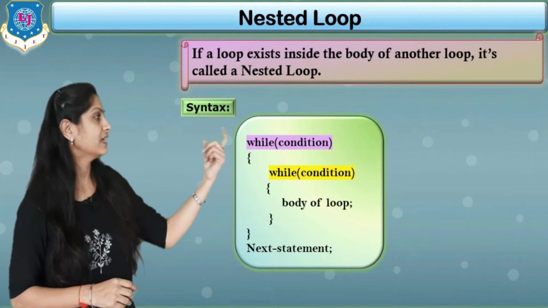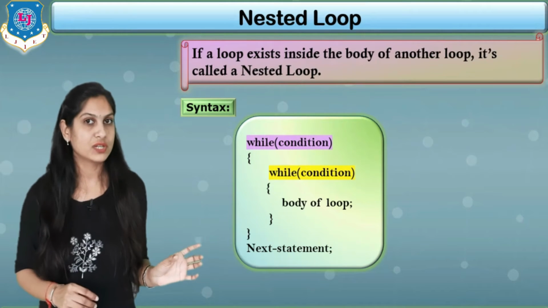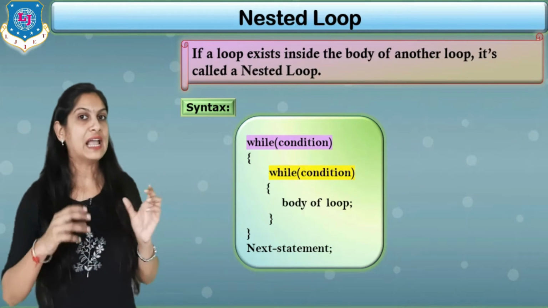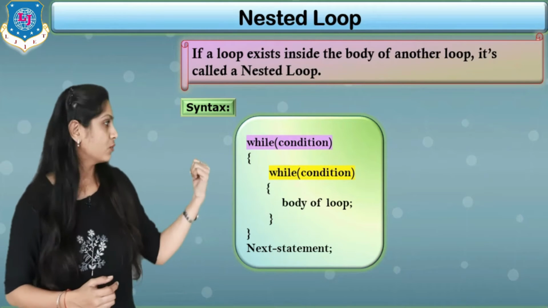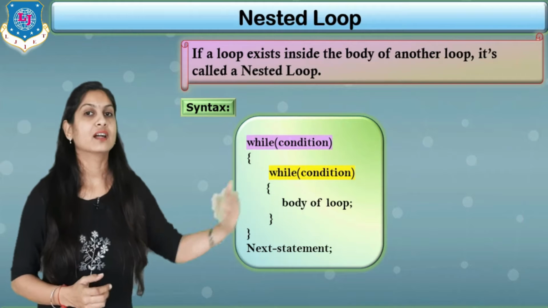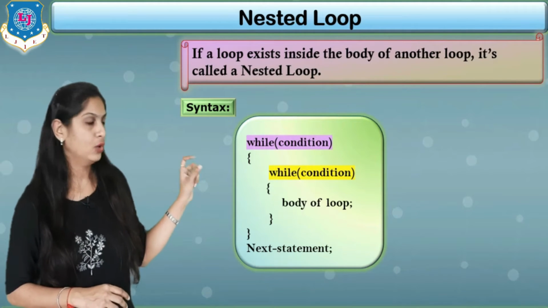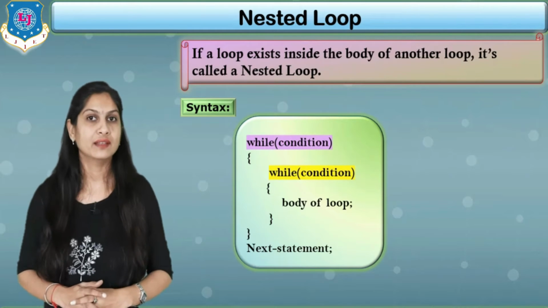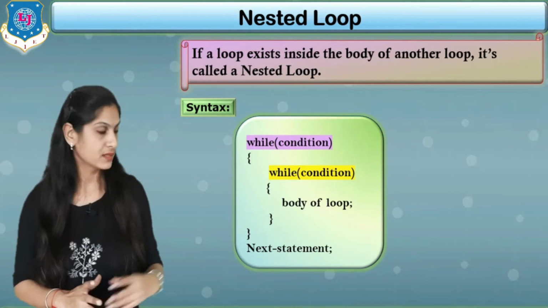So in a while there is a condition, and this is known as the outer loop, and when you put while inside of it, that is known as the inner loop. So again the while is there and again the condition is there, and inside that inner while loop the body of loop will be there, and then after we have to move to the next statements.